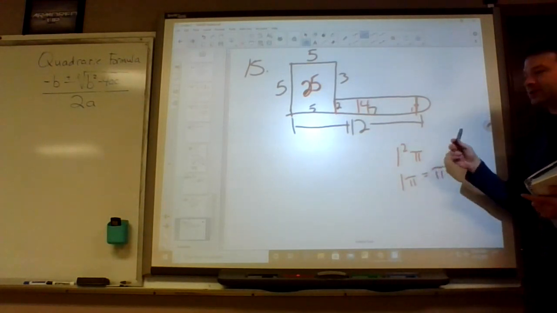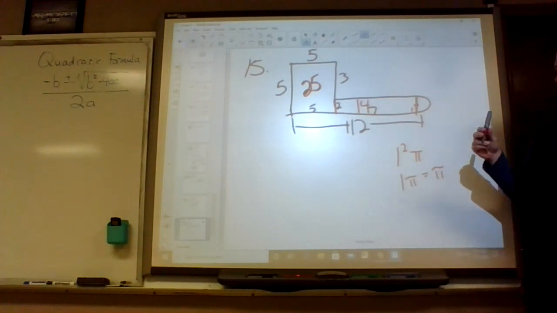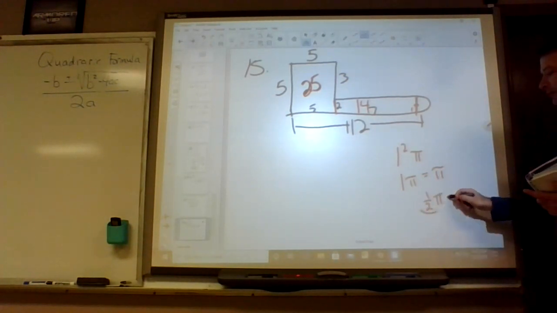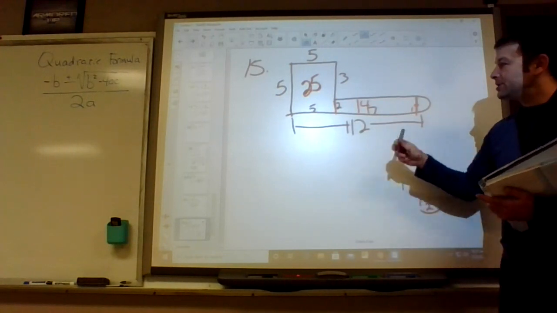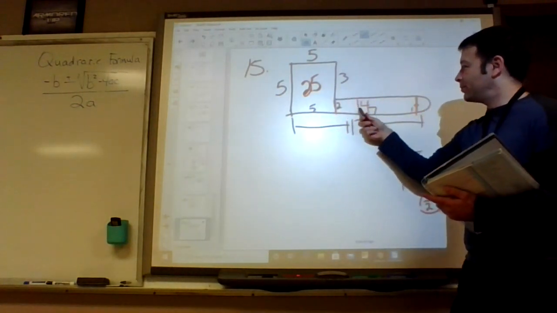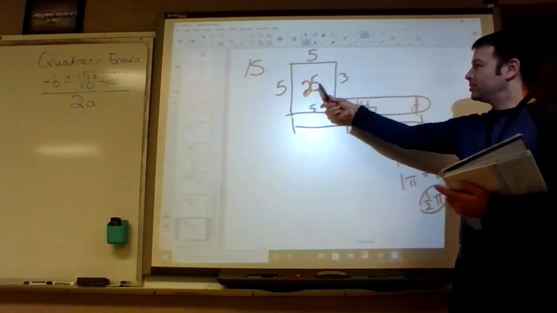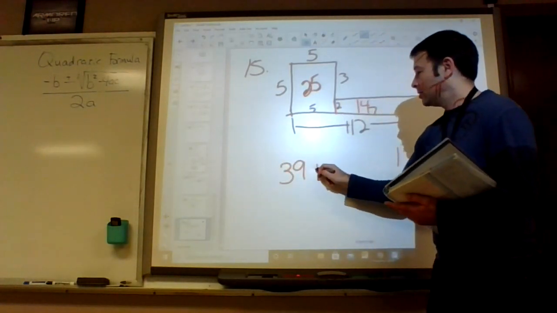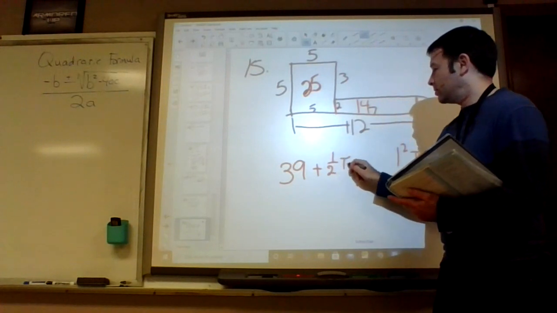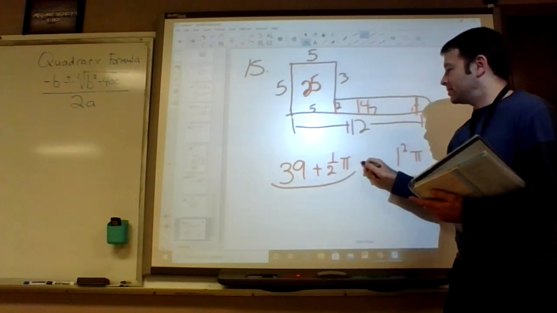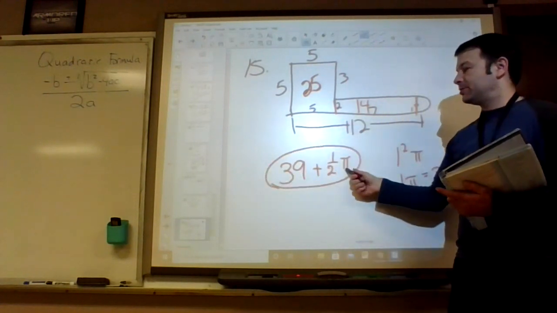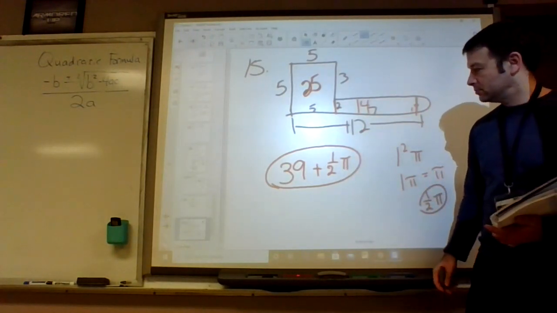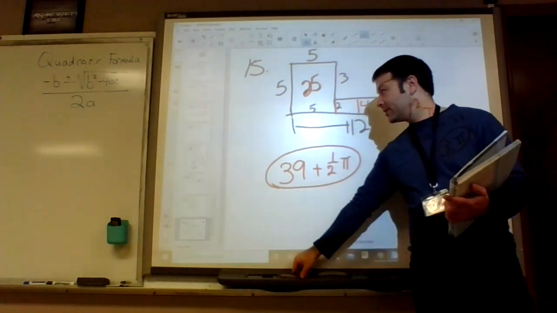But it's only half of a circle, right? So it's 1/2 of pi for just the little circle. So we've got 25 plus 14 plus 1/2 a pi. 25 plus 14 is 39, plus 0.5 pi. And those don't add together, not unless you turn it into a decimal, and we're not going to do decimals today. You can put 0.5 pi, it's fine also.